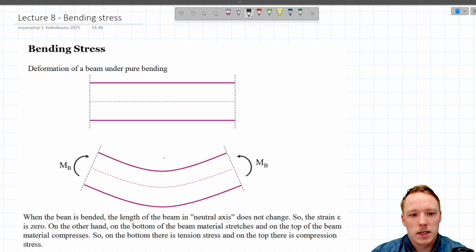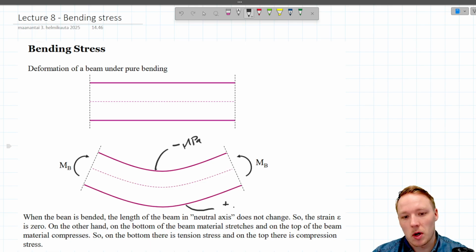What this means is that the top surface that is compressed is under compressive stress, so the value for the stress is negative megapascals, and at the bottom where the material gets extended, the value for the stress is positive megapascals.